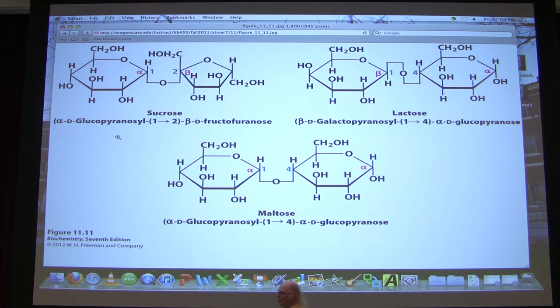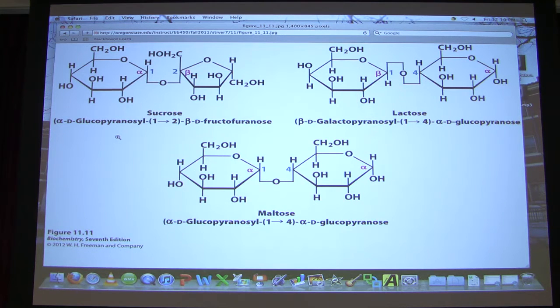I think if you know that glucose and fructose are joined together to make sucrose, that's pretty good. And I think that you will need to know the structure of sucrose, so I'll show you a much better structure of that in a second, okay? So sucrose is one of the sugars that you'll need to know the structure of, but this structure will definitely confuse you.